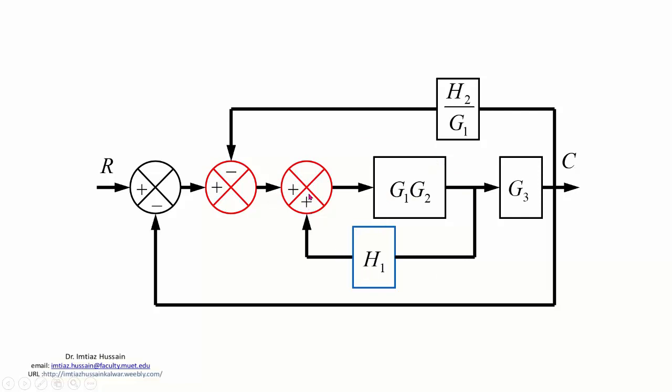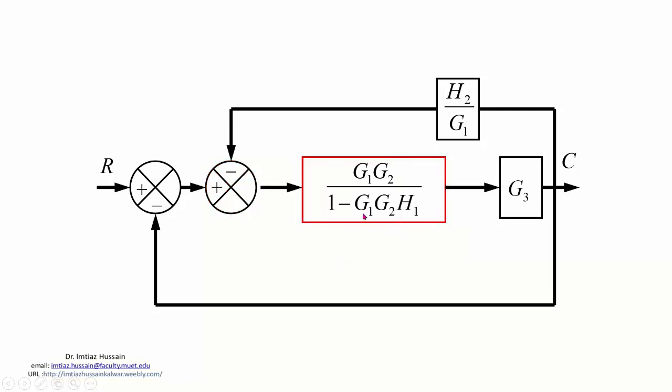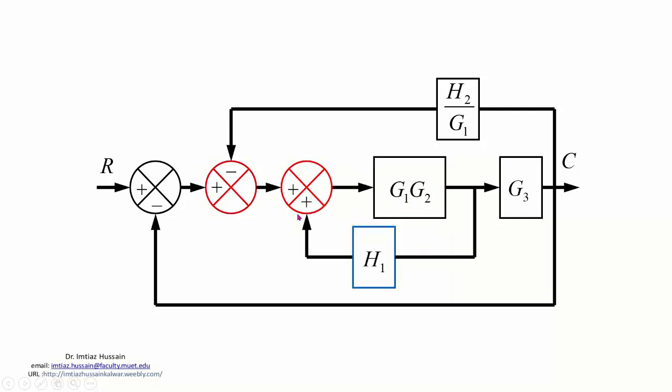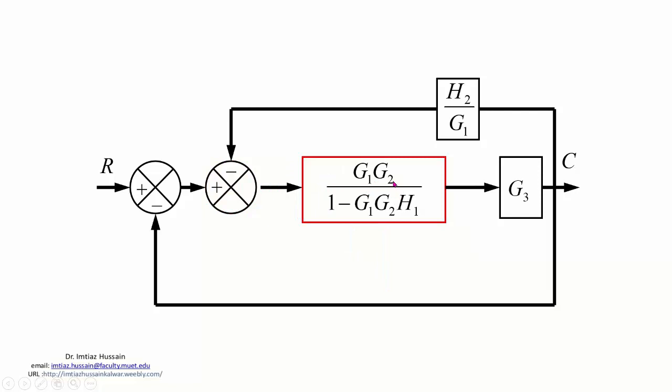Now you have a positive sign here. Note this. You have a positive sign here, which means that now in the denominator you will be getting a negative. So we obtain a negative sign here because we had a positive sign in the comparator. So you get G1 G2 divided by 1 minus G1 G2 H1, the same formula that we studied for elimination of summing point.